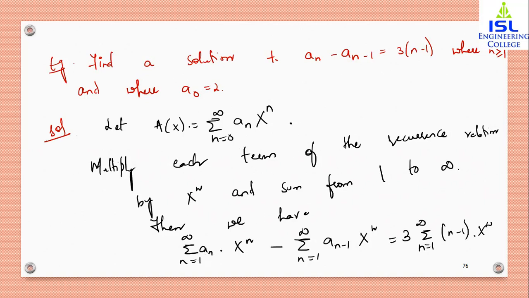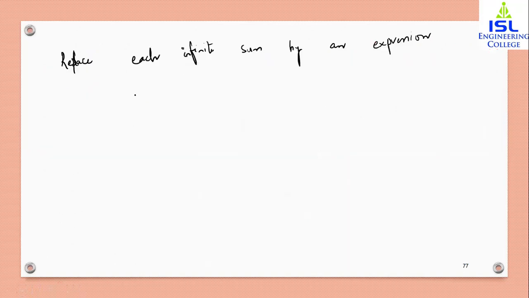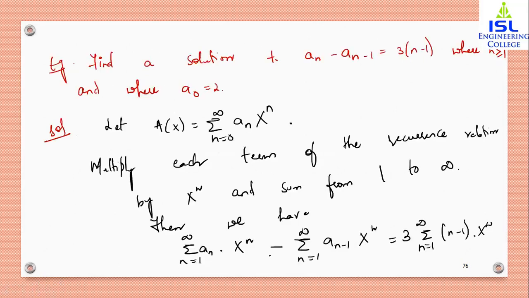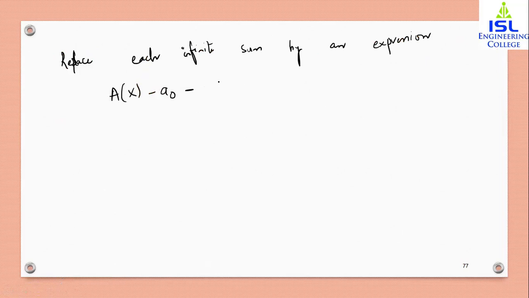But A of x is starting from a_0, so we have to write A of x minus a_0 minus, here we will start n minus 1. So x will be taken common, and again this will start from a_0, so this is directly taken as x into A of x.